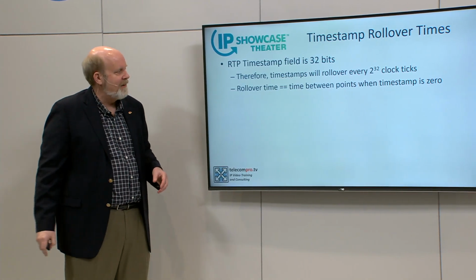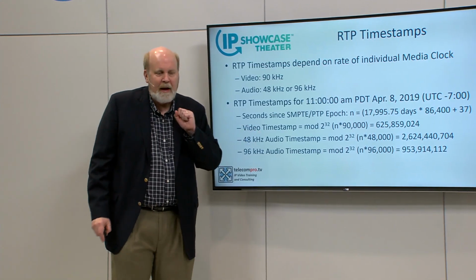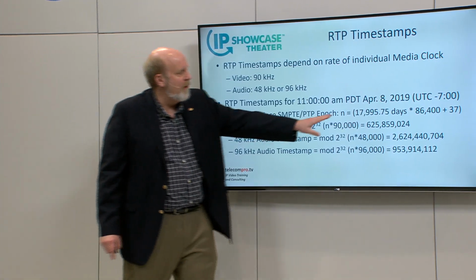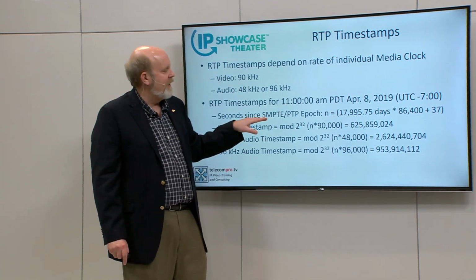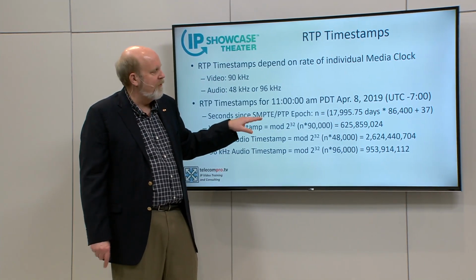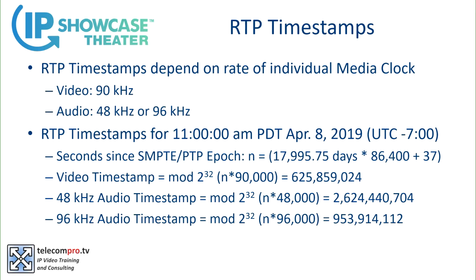So what's the impact of that? Well, what that means is that my receiver has to do this arithmetic. It has to figure out how many seconds have happened since my epoch, which was January 1st, 1970. So in this case, I've got a number of days times a number of seconds in a day. I add 37 for an offset because my UTC clock is different than my PTP clock.